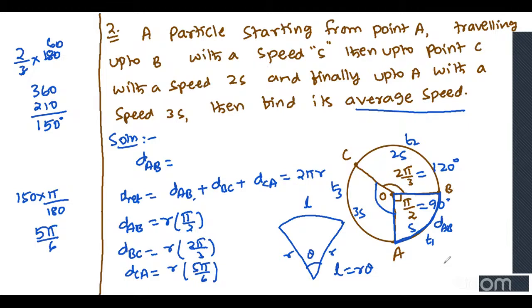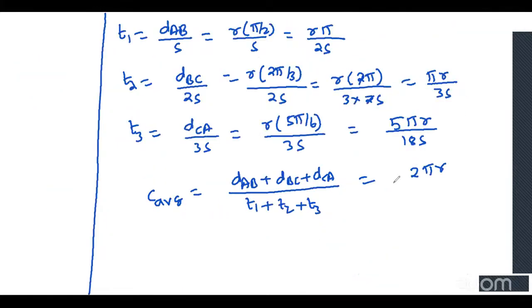What is the value of T1? Pi R by 2S plus pi R by 3S plus 5 pi R by 18S.